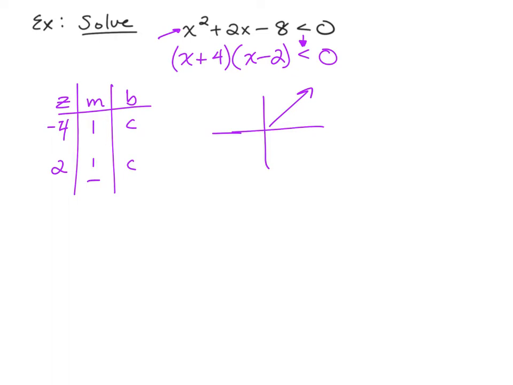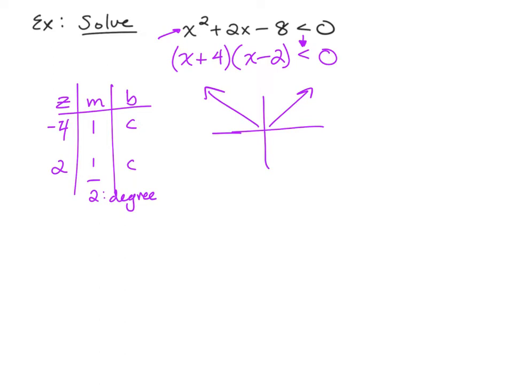And since we have a degree of 2, the left side will do exactly the same as the right. So the left side will also go up. So we have the ZMB and end behavior.